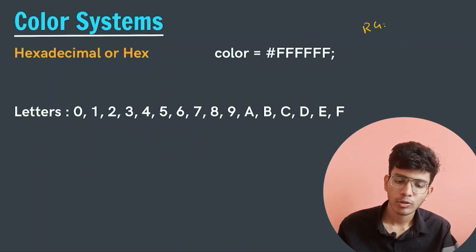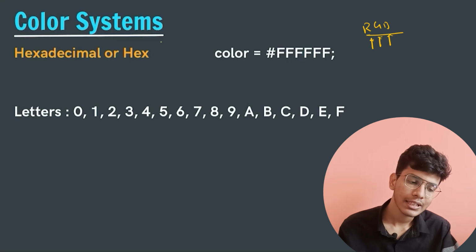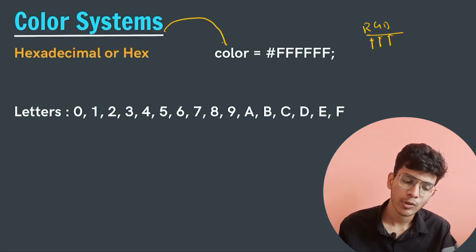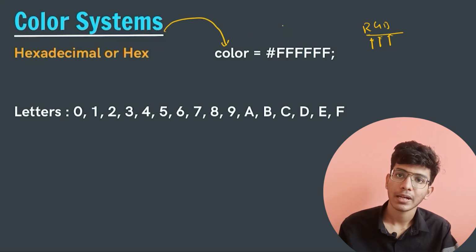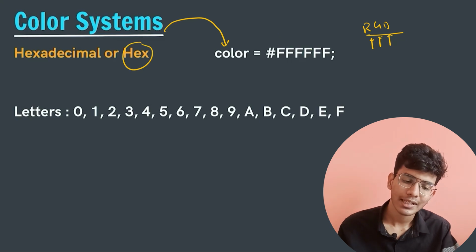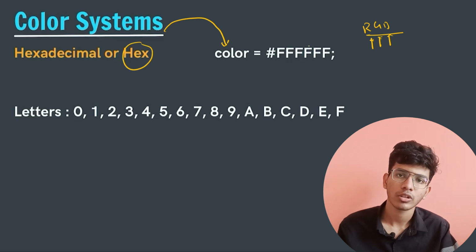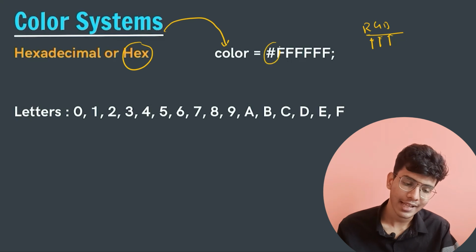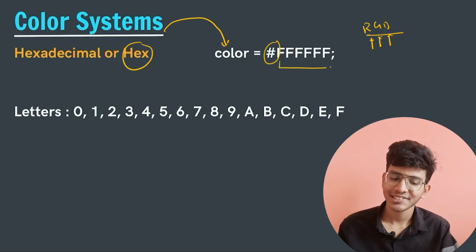In RGB, we give the intensity of red color, the intensity of green color, the intensity of blue color. Similarly, there is another system which we use to define the color of a particular tag or particular element in HTML, and that is hex code or hexadecimal. So hexadecimal tells you what color they are going to have. To give a hexadecimal code, first of all you will write a hashtag, and you will give 6 characters.